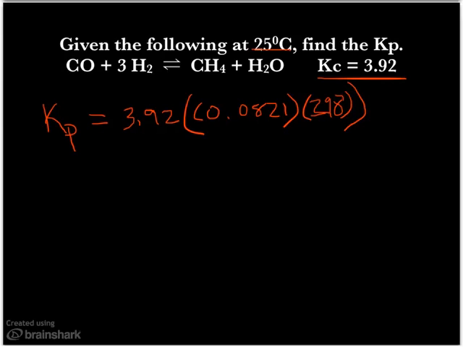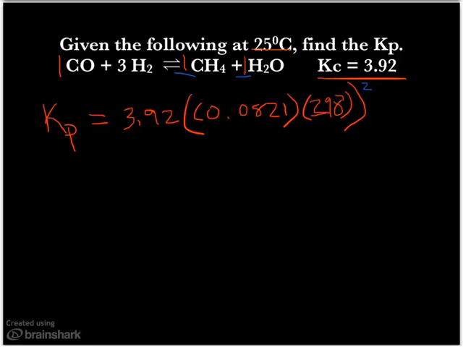And then that is all to the delta N power, which again, delta N is just basically the final number of moles minus the initial number of moles, which we can get by looking at the coefficients within our reaction. So in this case, if you don't see a coefficient there, it's just a 1. If we look at our products, we have a 1 here and a 1 here, so you have a total of 2.